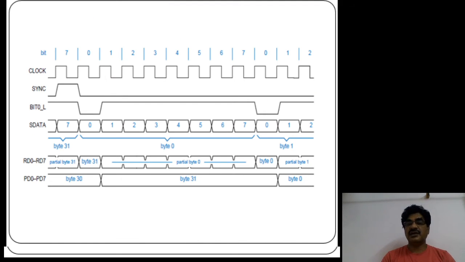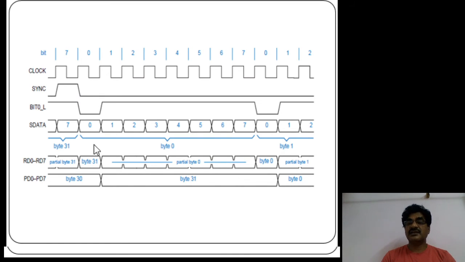Then you can see the waveform of the destination here. This is the clock signal. With reference to the clock signal, whenever time slot 0 starts, one sync pulse is generated. At the receiving point, a sync pulse is received first.